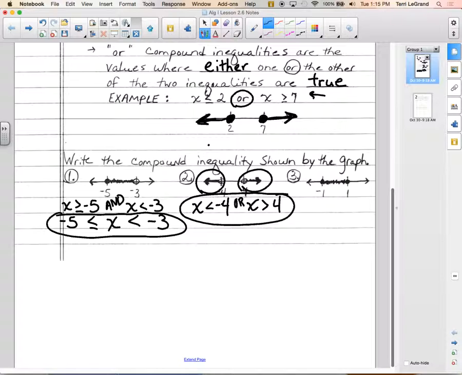Okay, you do the last one, number 3, on your own. Come on up, Michaela T, and do it up here for us. They can compare their answer to yours.